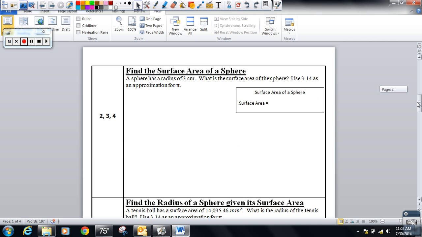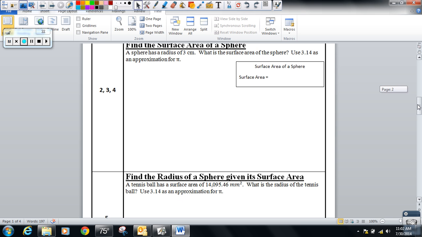Okay, our next one, now we're going to switch to surface area. So remember, surface area is the area of all the surfaces added together. So the surface area of the sphere is going to be 4 pi r squared. So it says a sphere has a radius of 3 centimeters. What is the surface area of the sphere? Use 3.14 as the approximation for pi.